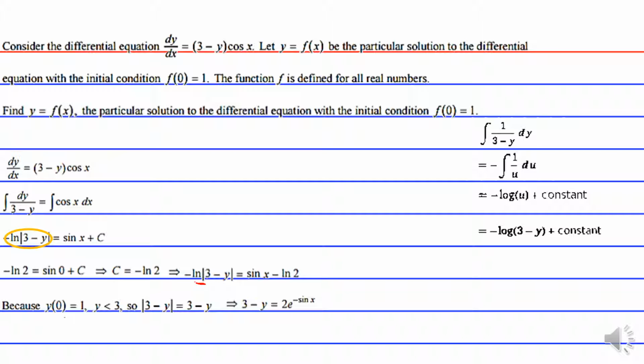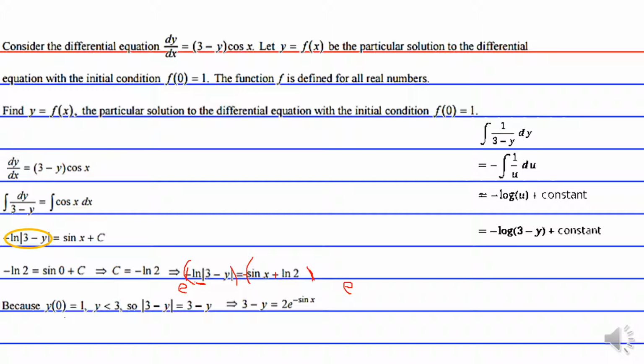All right, so to get rid of the natural log after we divided through by -1, this becomes a negative, this becomes a positive. We take the exponent of both sides, okay, in order to get rid of the natural log on the left-hand side.